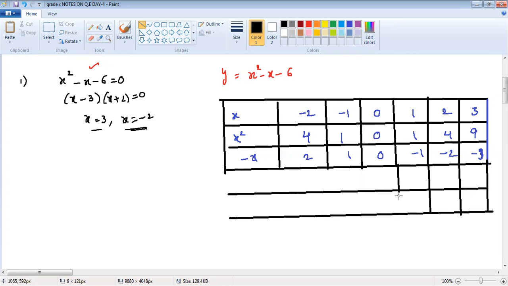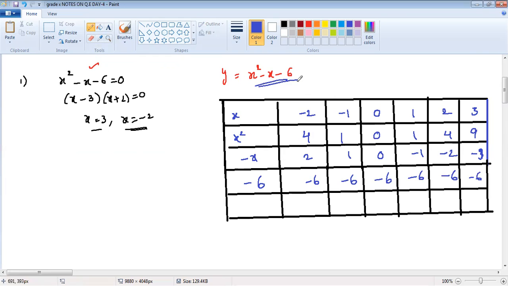I can finish with the 3 rows itself. Next one should be minus 6 everywhere. So totally minus 6 only I'm taking.